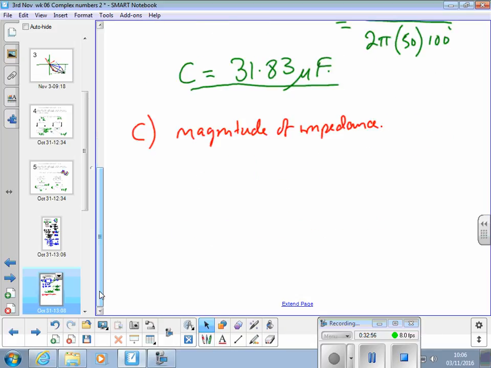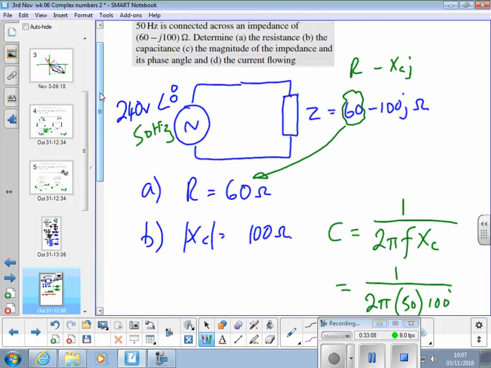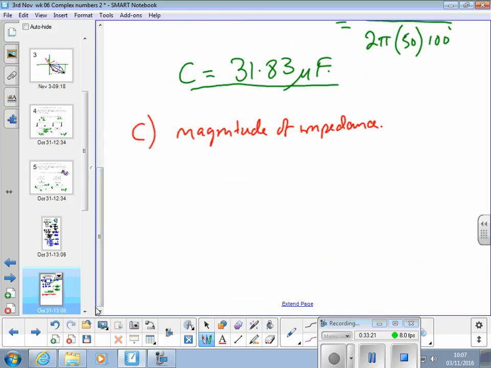Tell me what to do to draw a little phasor diagram of those two impedance components: the 60 ohms of resistance and the minus 100 j ohms for the capacitive reactance. What do I draw? In fact, come draw it. The phasor diagram for 60 minus 100 j.